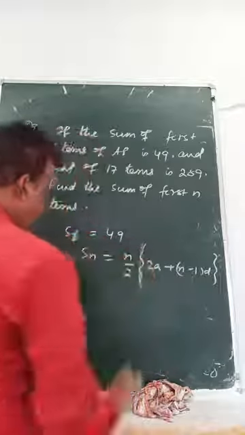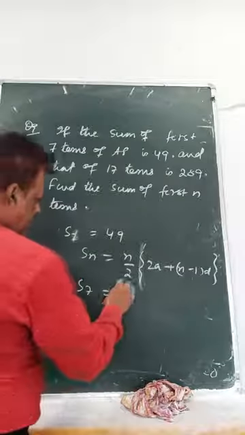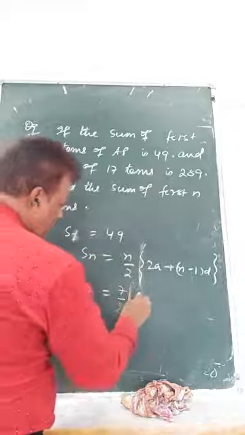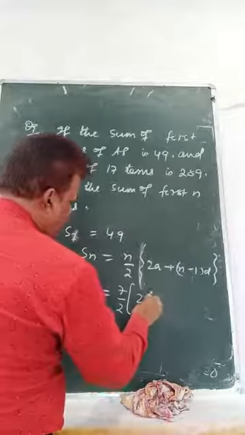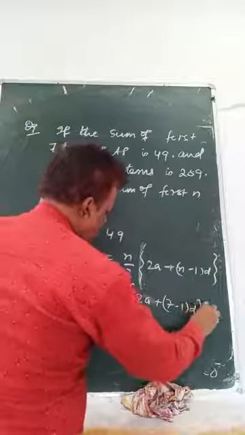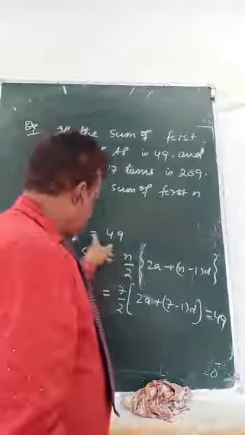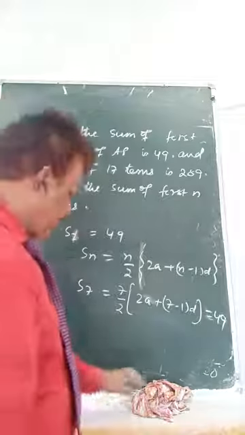So S7 is 7 by 2 into 2a plus 7 minus 1 into d, which is 49, because n is equal to 7.